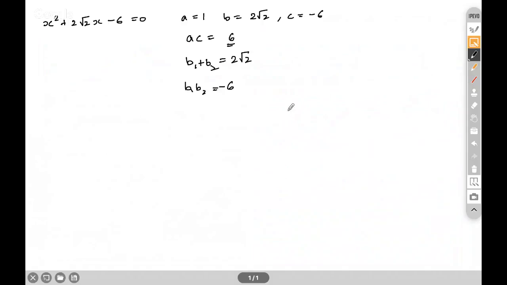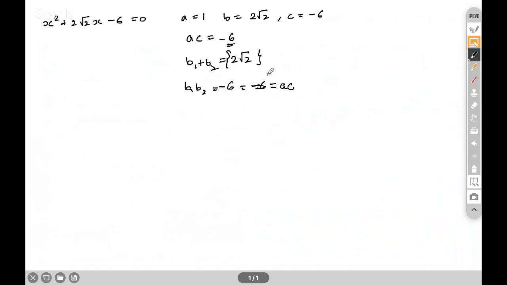Okay, now if you see, there is an irrational term here. 2 root 2 is an irrational number, but b1 b2 is equal to ac, which is negative 6 here, right? Now we have to split 2 root 2 in such a way that the product is rational.